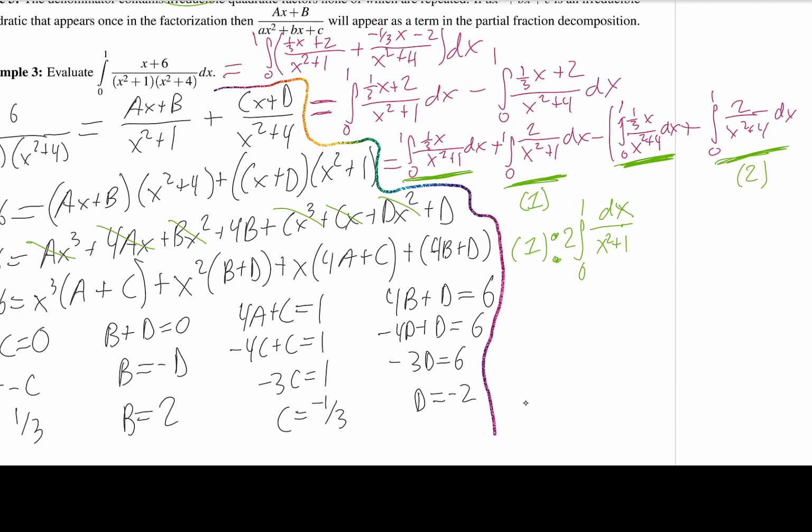Now I'm going to use that formula from the beginning, which said that the integral of 1 over x squared plus a squared is equal to 1 over a times arctan of x over a. So if this is a squared, that means that a is equal to 1. So we'll have 2 times the integral from 0 to 1.